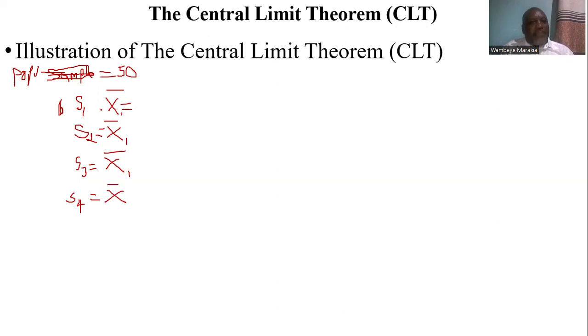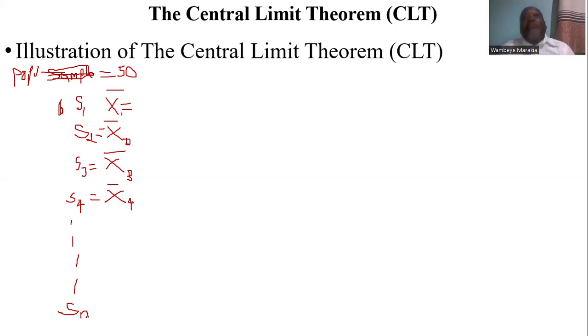So this is mean 1, mean 2, mean 3, mean 4. We move on until we get to sample N, that very last sample, the finite sample we are able to get in that population.